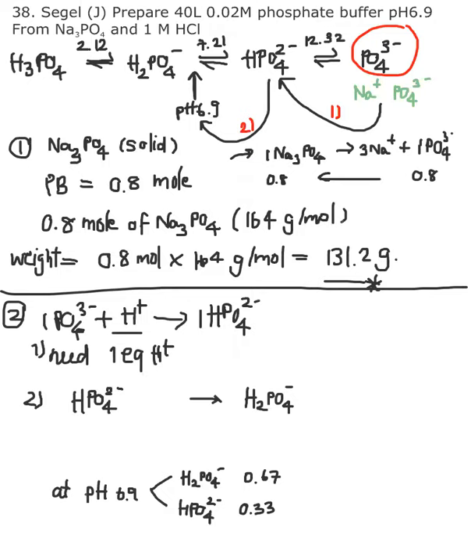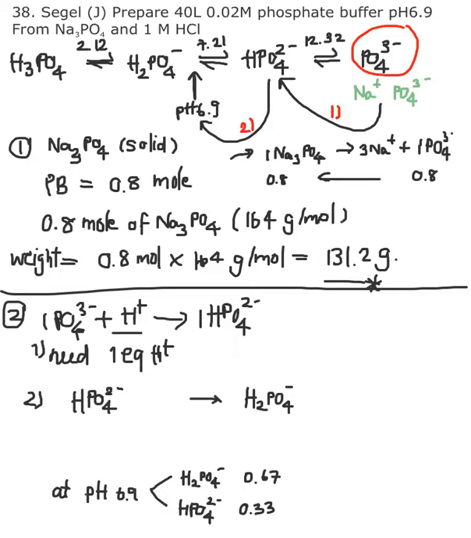At pH 6.9, your solution will contain H2PO4- 0.67 equivalents, while containing HPO4 2- 0.33 equivalents, right? So back to this question.